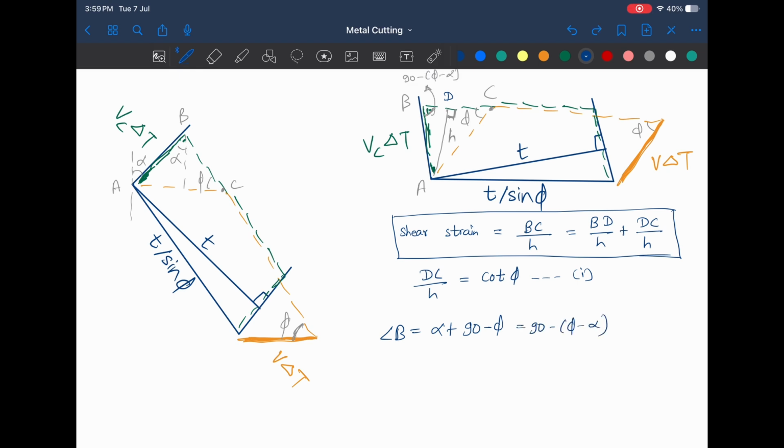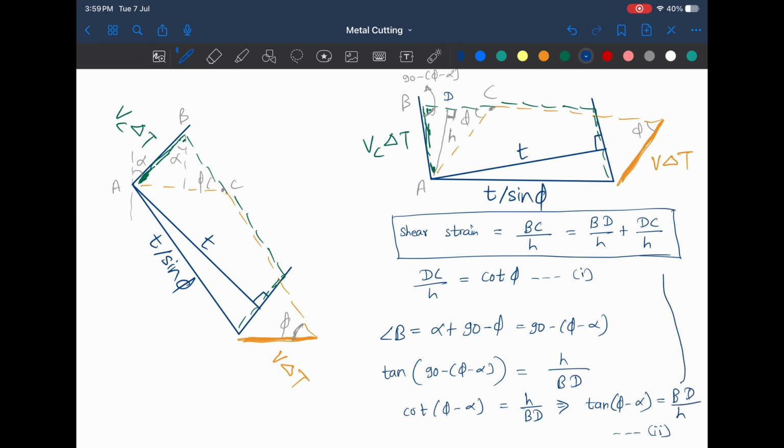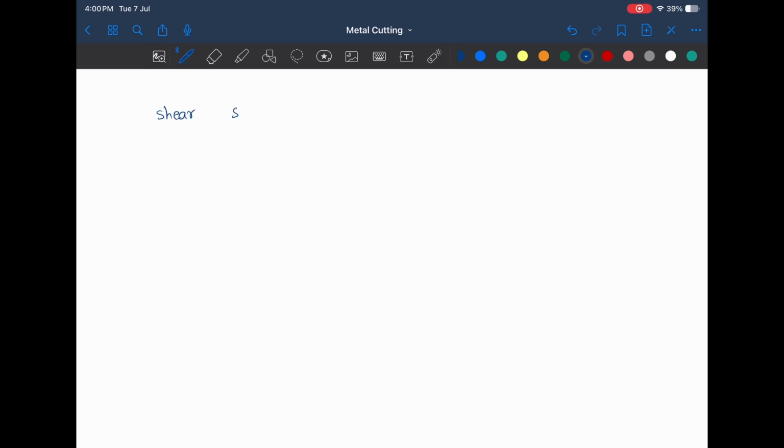If we take tan of angle B, then we get h by BD, which is cot of (phi minus alpha) equals h by BD. So tan (phi minus alpha) will be BD by h. This will be equation 2. And from equation 1 and 2 we get our shear strain as cot phi plus tan (phi minus alpha).